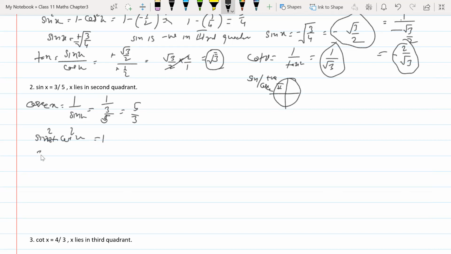Sin square is given 3 by 5 square, plus cos square x is equal to 1. By simplification, 1 minus 9 by 25 is 16 by 25, and cos x is 4 by 5.